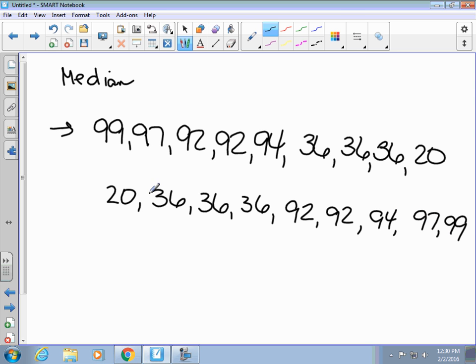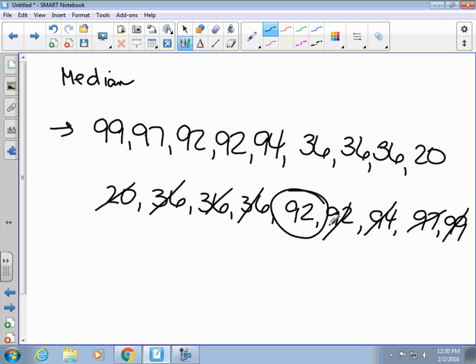You notice I have to write all my 36s down. I don't write just one and leave it. I've got to write all 3 because there's 3 people who made that score. So I still mark off one large, one small. And what's my median? 92.